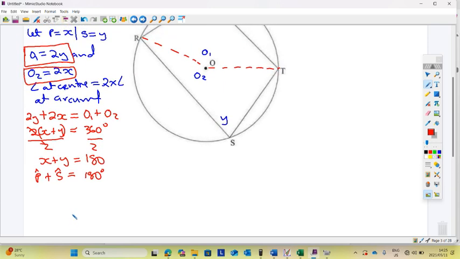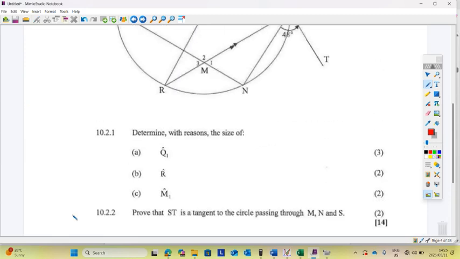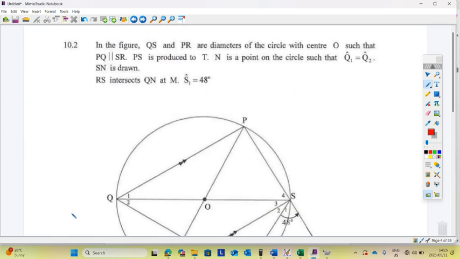And then the next question, this one looks more interesting.